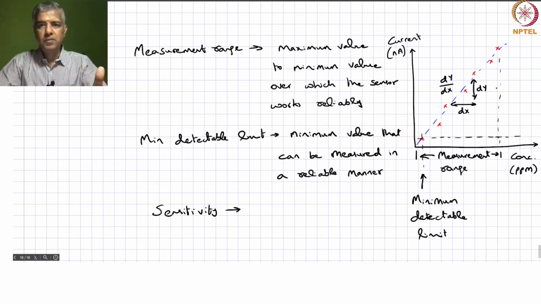clearly the more sensitive the better, because then you can get a nice change in your display for a small change in the parameter that you're trying to measure, in this case the concentration. But you have to be careful about that, because if it is highly sensitive, it might fill your ADC very quickly.